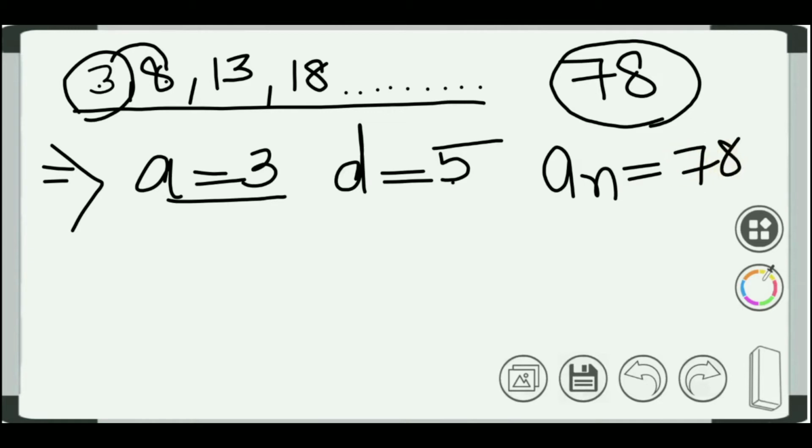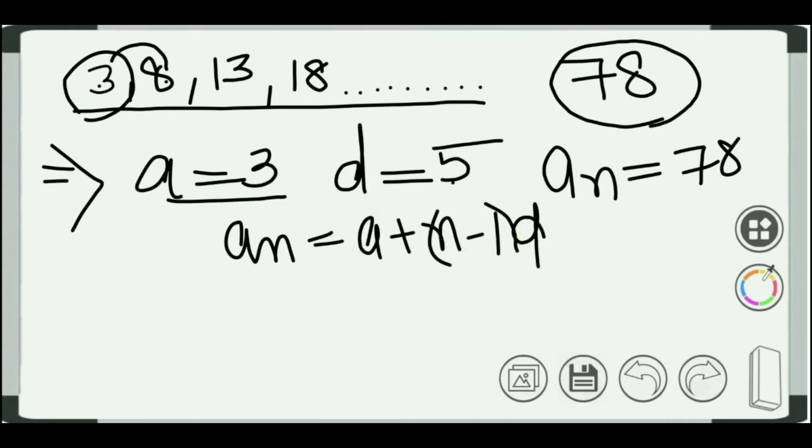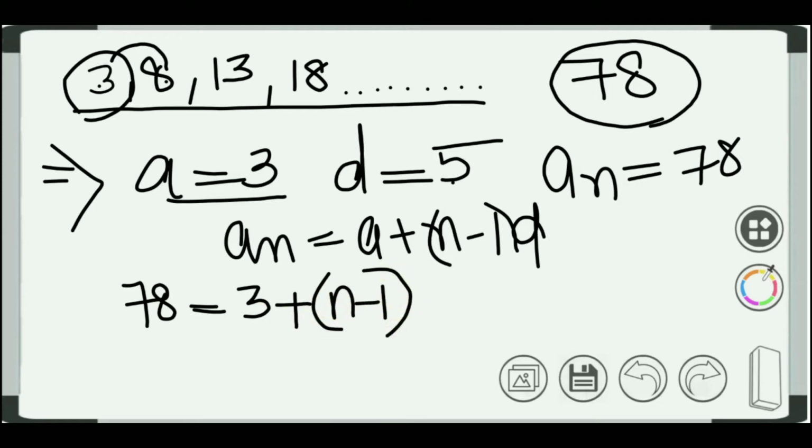Now I'll substitute these values in this formula: an is equal to a plus n minus 1 into d. Now what is an? 78. So 78 is equal to 3 plus n minus 1 into d, which is 5.